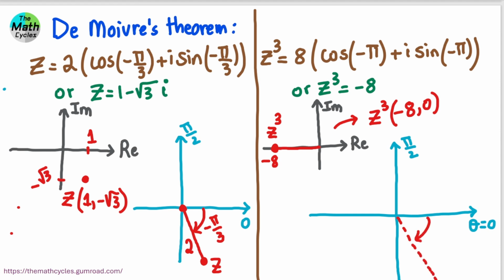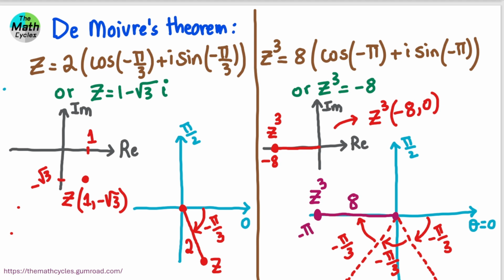So we did minus pi over 3, and again minus pi over 3, and again minus pi over 3. And this is the idea behind multiplying the angle by 3. So after 3 rotations of minus pi over 3, we reach minus pi. So z cubed can be found at an angle of minus pi with magnitude 8.